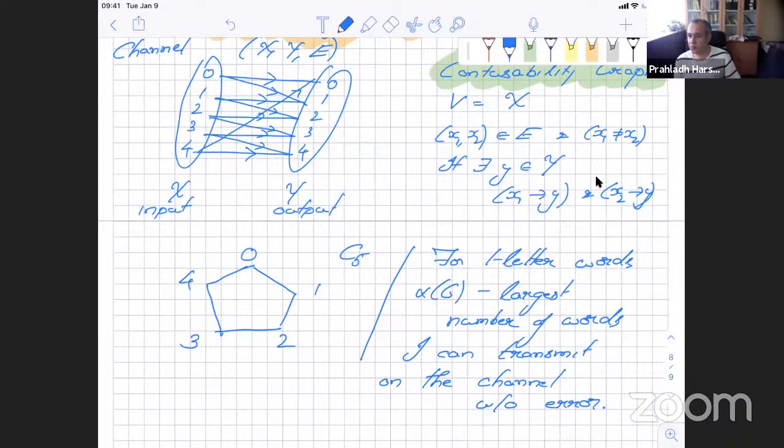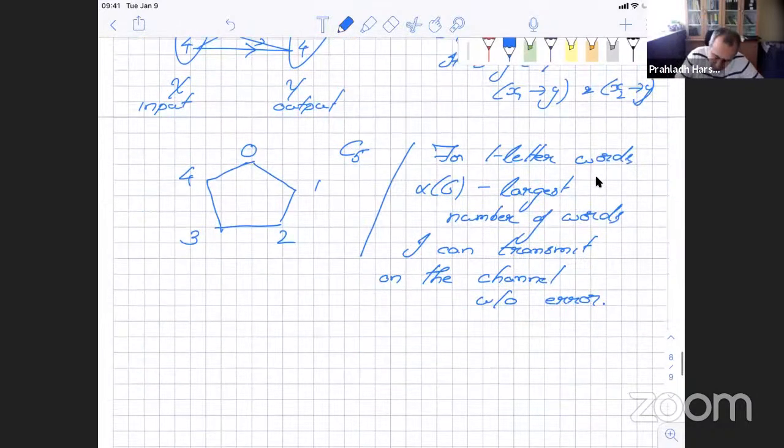Okay. Now suppose I want to send 2-letter words. We could do the same thing. We could send the first letter this way, the second letter this way. But I want to say, for 2-letter words, you can do a little more than this.